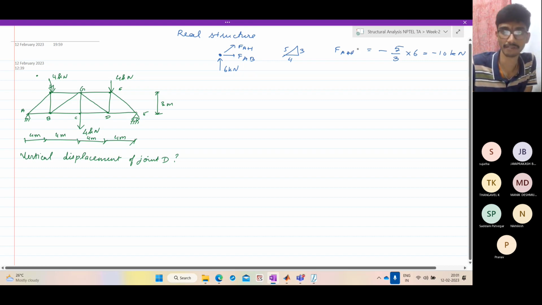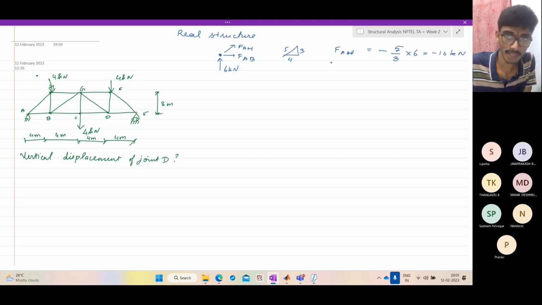This is FAH. And what is FAB? It is 4/5 times FAH. Actually a minus. So that is 8 kilonewtons. 4/5 of minus 10 is minus 8, so FAB is 8 kilonewtons.